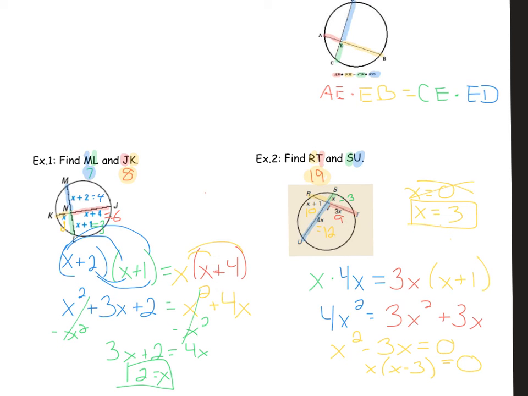If I add 3 and 12 together, that gives me 15. Okay, so I know it can be a little bit tedious, but multiply each segment of the chord together for each chord and then set them equal and solve.